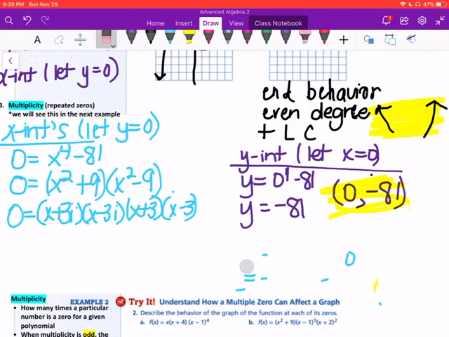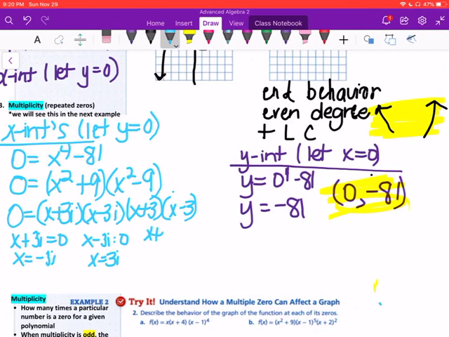So then I'm going to set each factor equal to 0. So if I set x plus 3i equal to 0, I'll end up with x equals negative 3i. And x minus 3i equals 0, x equals positive 3i. x plus 3 equal to 0, x equals negative 3. x minus 3 equal to 0, x equals positive 3.